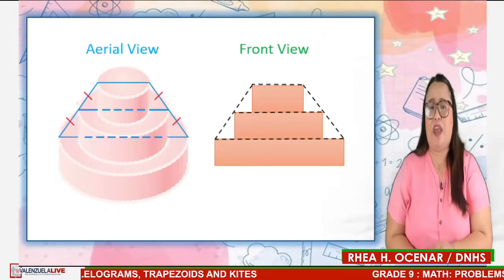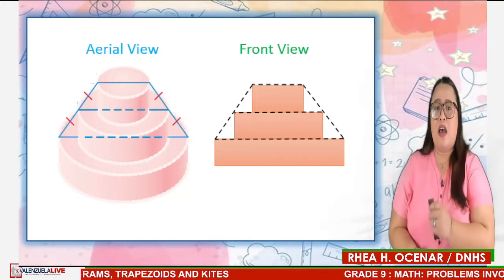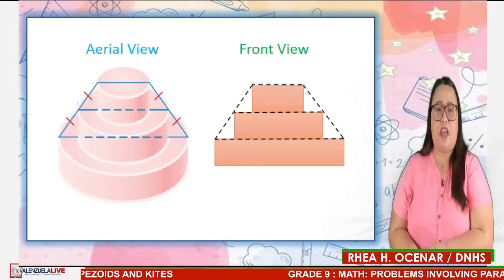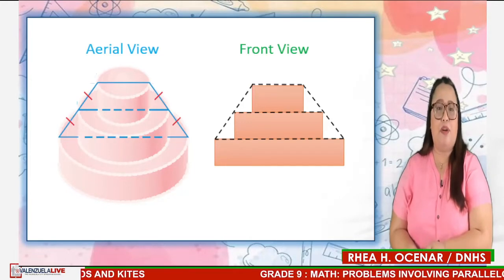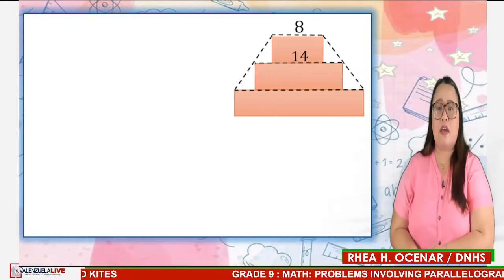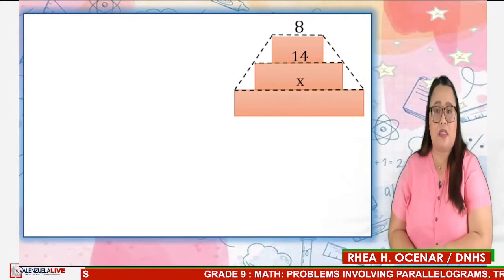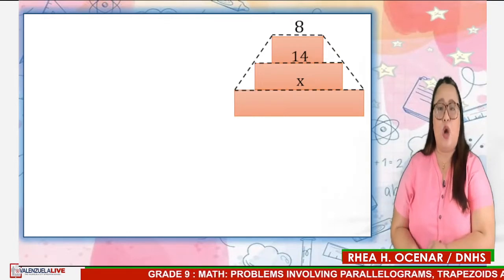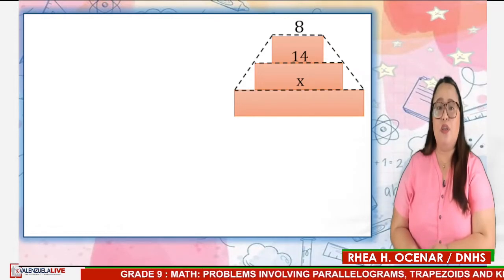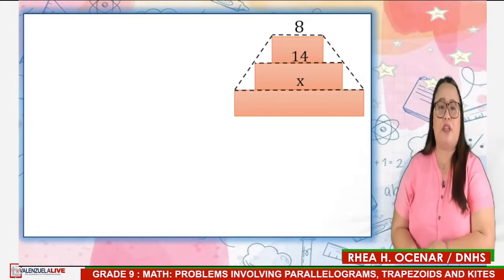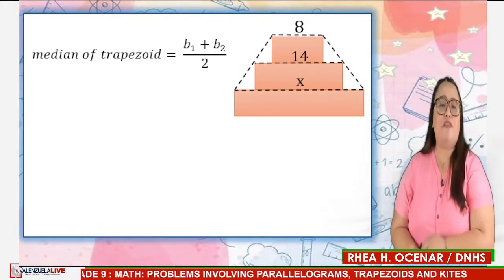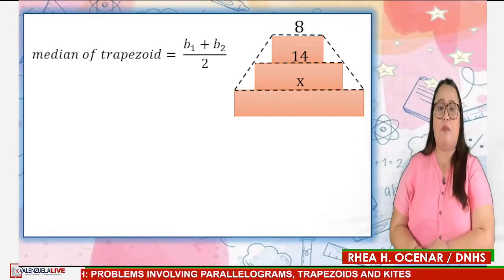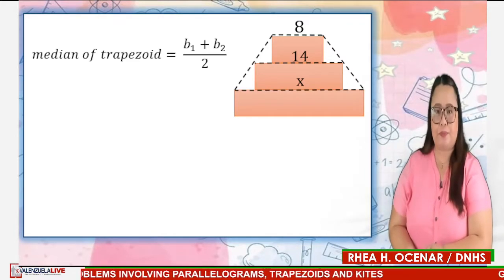Given that the top layer of the cake has a diameter of 8 inches and the middle layer has a diameter of 14 inches, let x be the measure of the diameter of the bottom layer. To solve this, we will use the property of the trapezoid that the measure of the median of a trapezoid is equal to 1/2 the sum of the two bases.